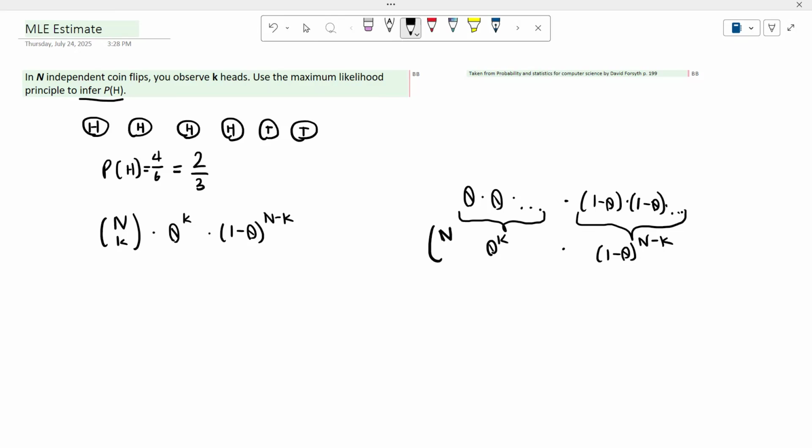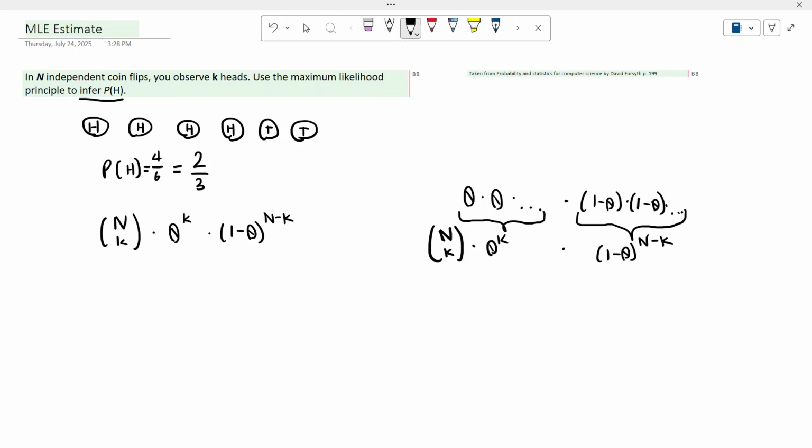So we say we have n flips, we choose k of them to be heads, and that gives us all the arrangements. Then we multiply it by our k heads, each with probability theta, and our n minus k tails, each with probability 1 minus theta. That gives us a little intuition for the binomial model.